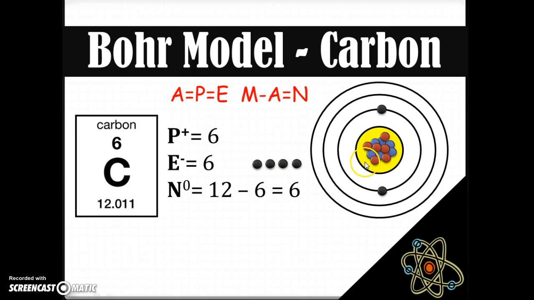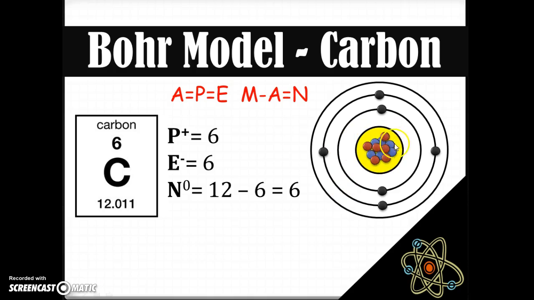So we're going to place the electrons. The first energy level can hold up to 2. So we've placed 2 electrons, and we're going to place the remaining electrons, which is 4, into the second energy level, which can hold up to 8.